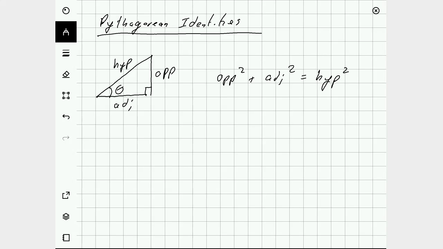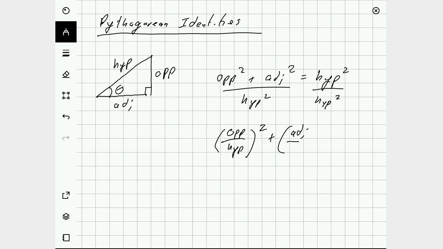If I choose to divide both sides of this equation by hypotenuse squared, then, using the properties of exponents to simplify the left-hand side, we have the opposite over hypotenuse squared, we have the adjacent over hypotenuse squared, and on the right-hand side, we have 1.